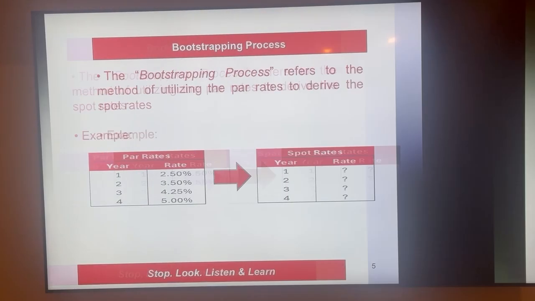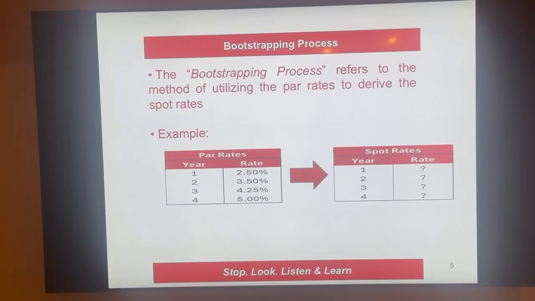So let's say we start off here with the par rates, and we have the 1 year, 2 year, 3 year, and 4 year par rates. And as I said earlier, the par rate is usually set so that when the bond is originally issued, it is issued at its face value. And so those would be the par rates.